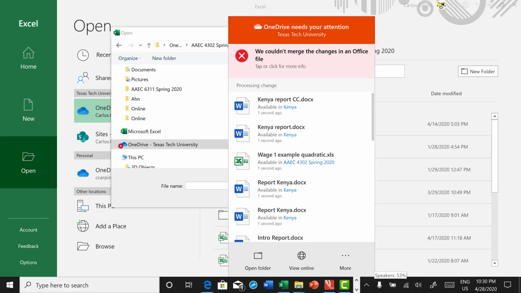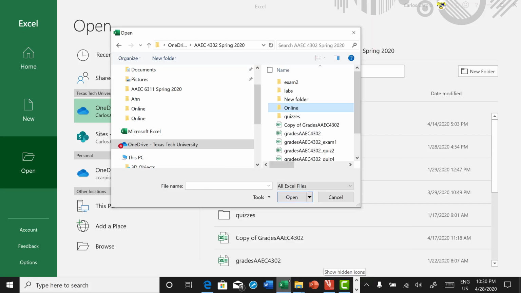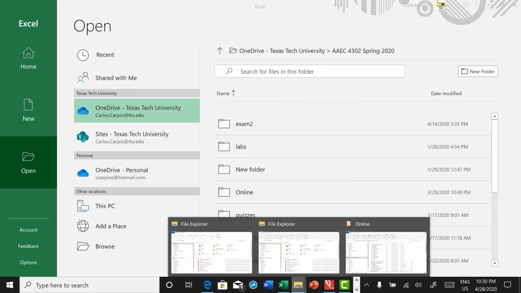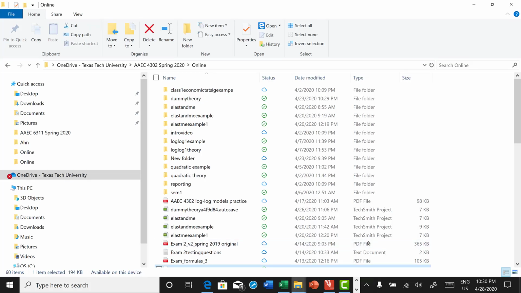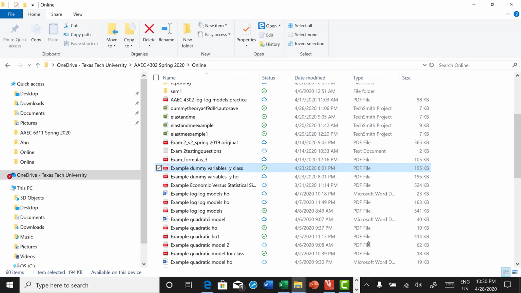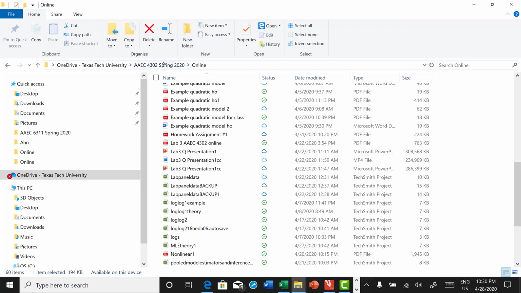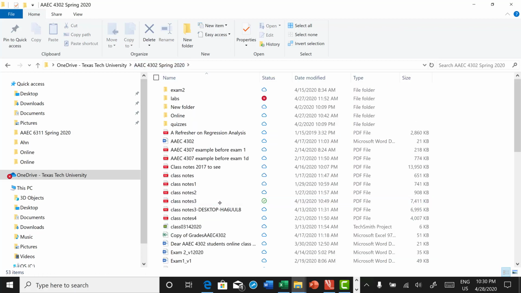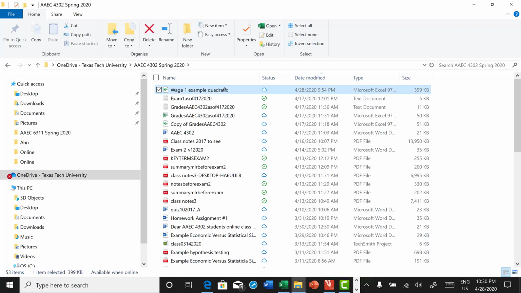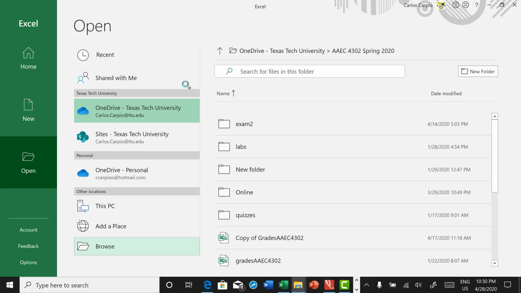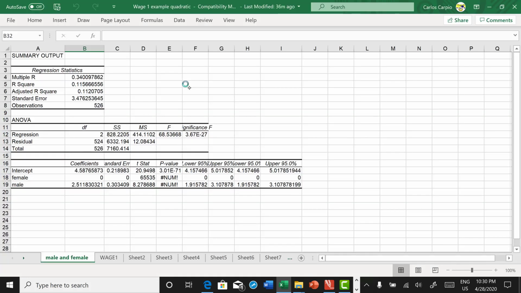Let me see if I can get access to this file. Okay, so I have the file here.